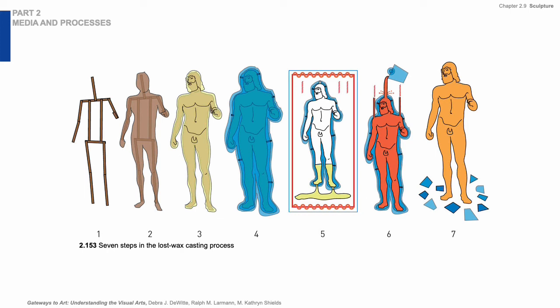Then, molten metal can be poured into this mold, and when it cools and hardens, the mold is broken to reveal the work. So that is a downside to this process. The mold must be broken in order to reveal the final work. So each time a new mold would have to be made.